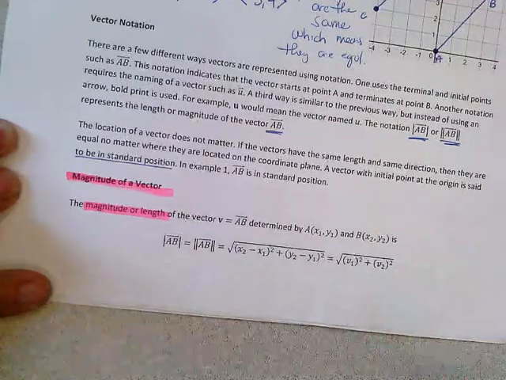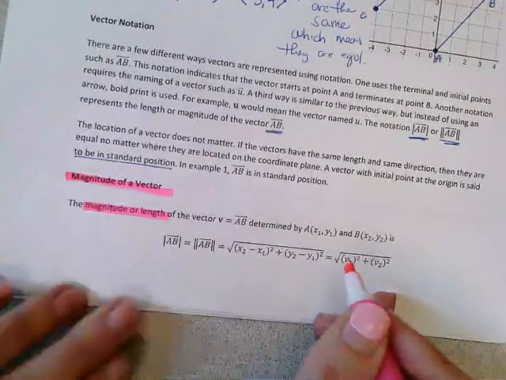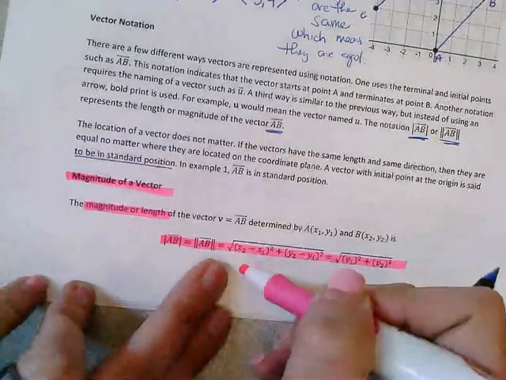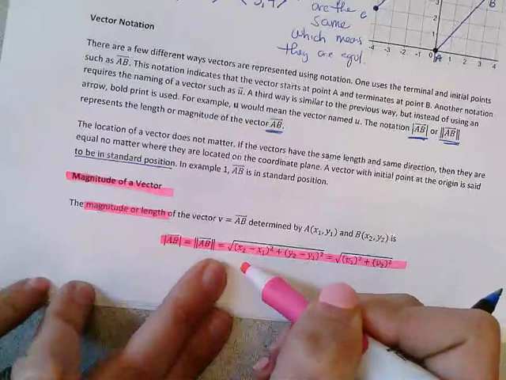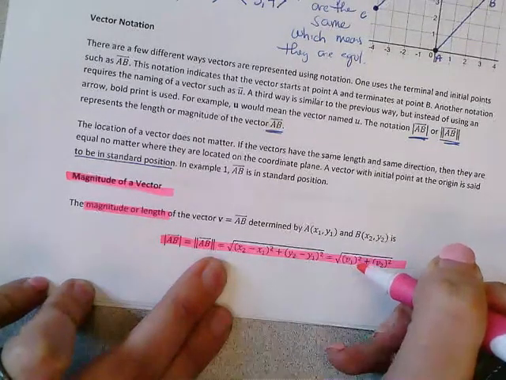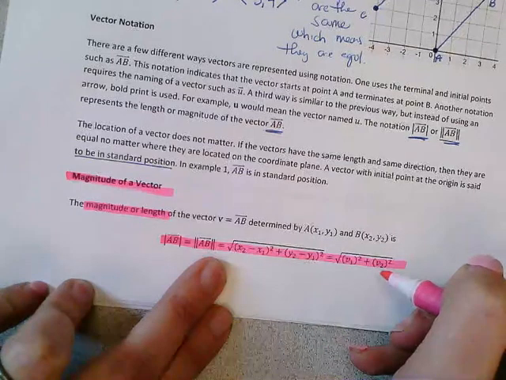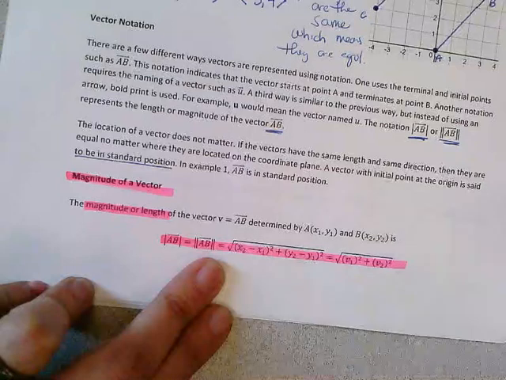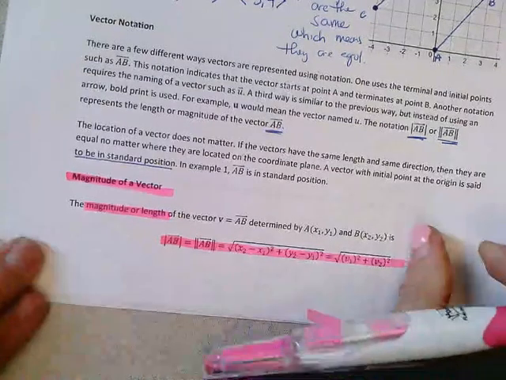But really, how do we solve this? It is this formula right here. Depending on where you're basically taking your first component, your v1, you square it, and then your vertical component, and you square it. Okay?